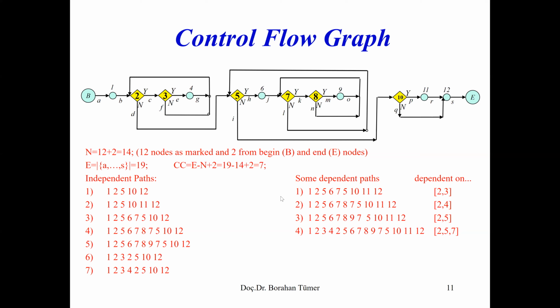Okay, all paths other than the independent paths are dependent. For example, look at the first one. 1, 2, 5, 6, 7, 5. So the first five nodes are in the third one.